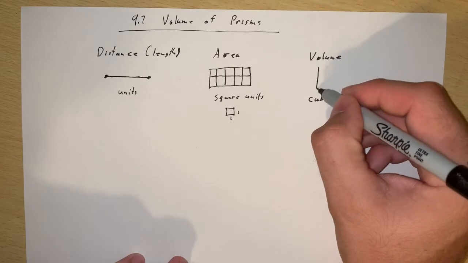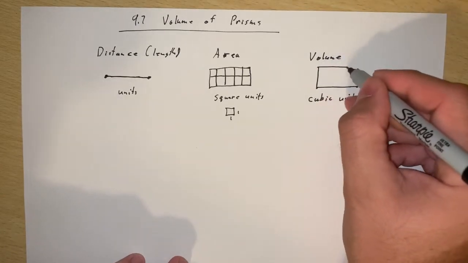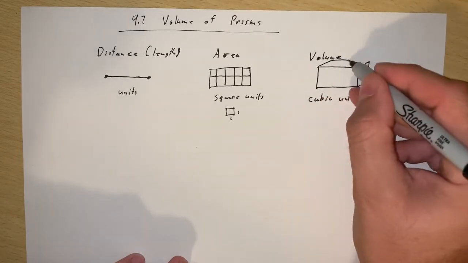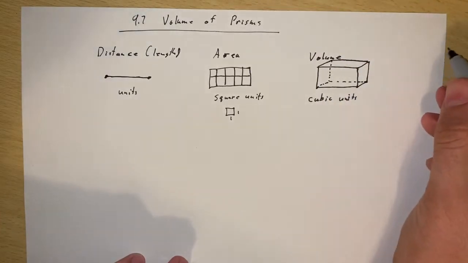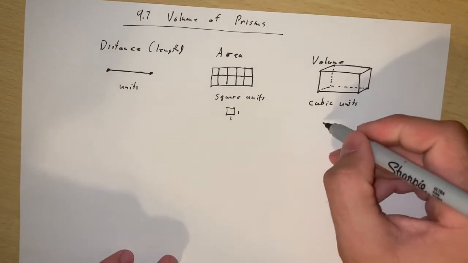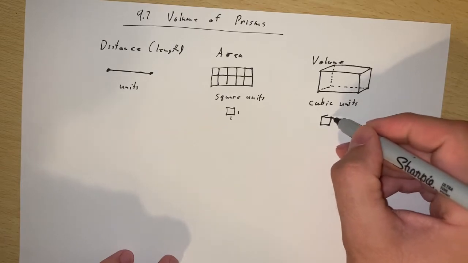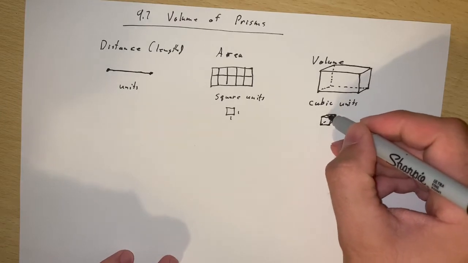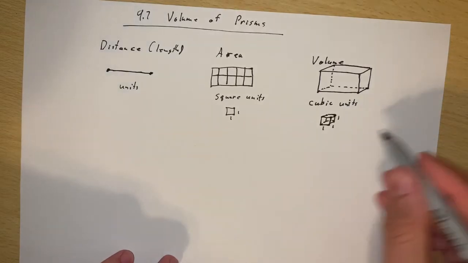So if we have a rectangular prism, we will find out how many cubic units fit in that space. So a cubic unit would be a cube that is 1 by 1 by 1.